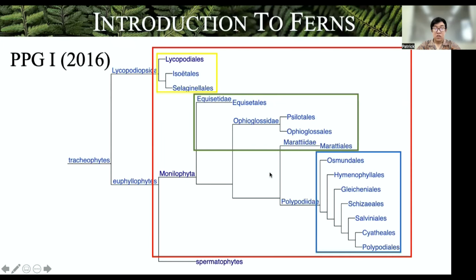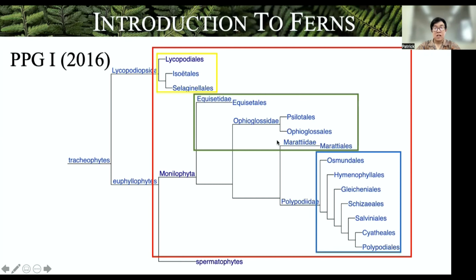So this is the phylogeny of vascular plants, published in PPG1 in 2016. The red box consists of all recognized groups of all pteridophytes, which contains the lycopods in yellow, the leptosporangiates in the blue box, and the eusporangiates in green.